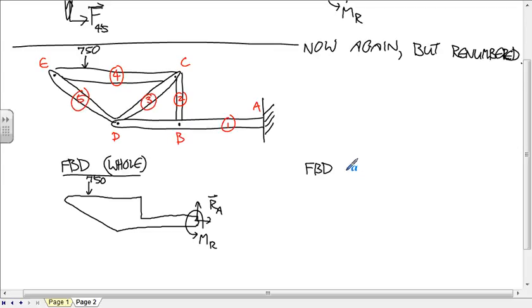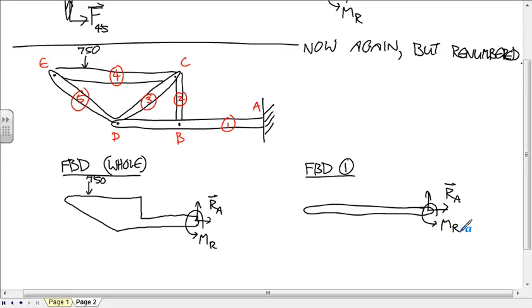The free body diagram of member 1: we have the force and the couple here. We have the force on 1 by 2 here. And over here, we have the force on 1 by 5 and the force on 1 by 3. Any questions about that one?